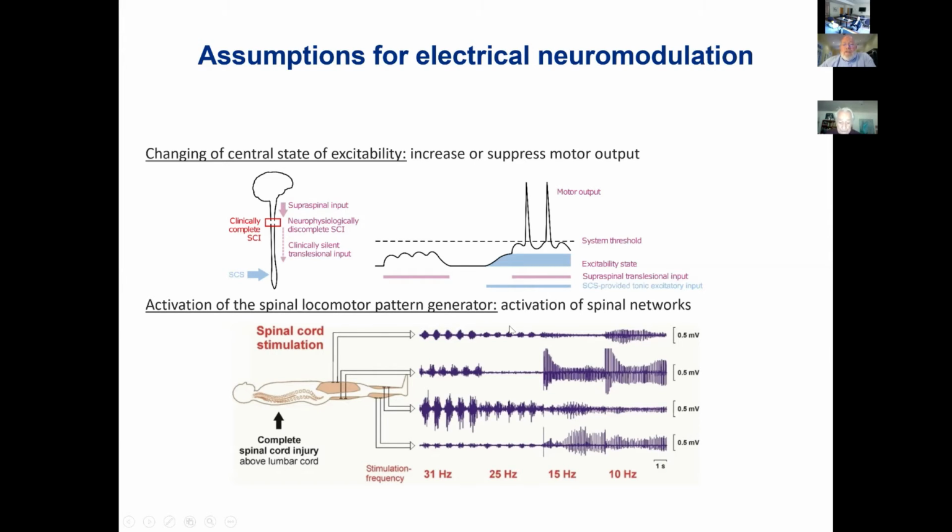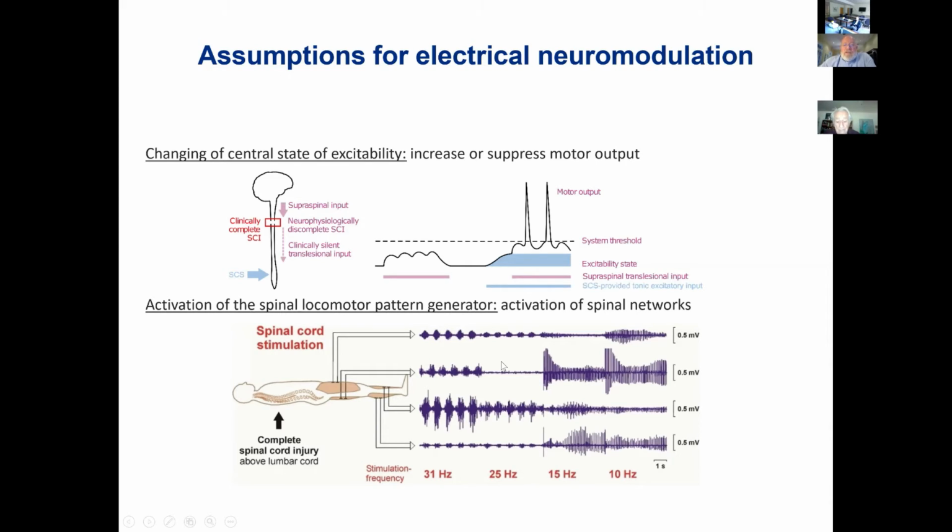So there's wiring in the spinal cord to allow for alternate activation, left to right, and flexor and extensor, and that sort of thing. This figure was what made me have a religious conversion, that there was in fact a human CPG, central pattern generator, for locomotion, and that was with messing with both stimulation strength and stimulation frequency. Dr. Dimitrevich could demonstrate in a complete spinal cord injury patient this rhythmic output of the spinal cord.